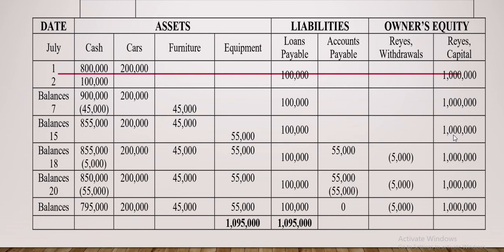So this is it. Ito na yung nangyayari kay Paulo Reyes. So date, yung date dito, July, assets, liabilities, and owner's equity. Kung titingnan natin sa July 1, nag-invest si Paulo Reyes ng 800,000 cash and then may car siya na 200,000. A cash is 800,000 and cars is 200,000.